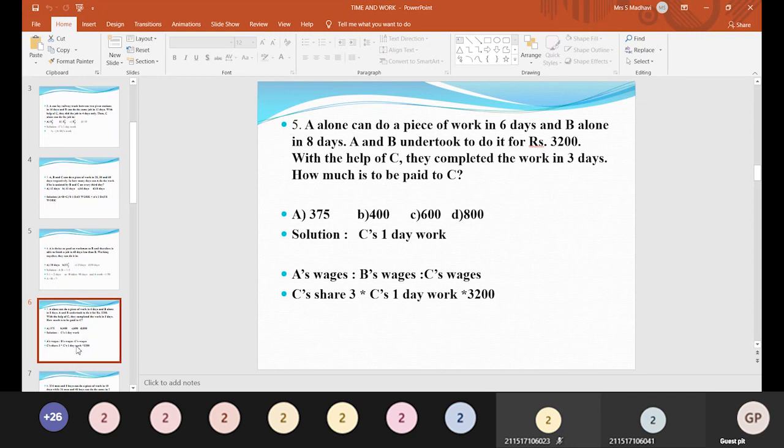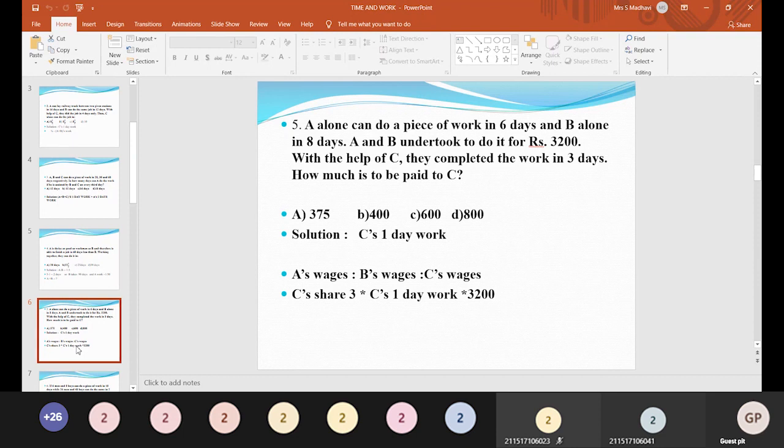See here, the hint is that we need to calculate C's 1 day's work and multiply with C's share into 3,200. Here C's 1 day's work is 1 by 3 minus A's 1 day's work plus B's 1 day's work. A's 1 day's work: in the question, the first statement says A can do it in 6 days, and the second says B can do it in 8 days.